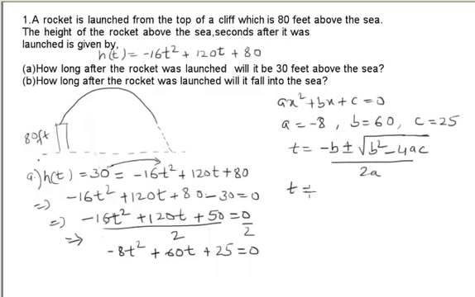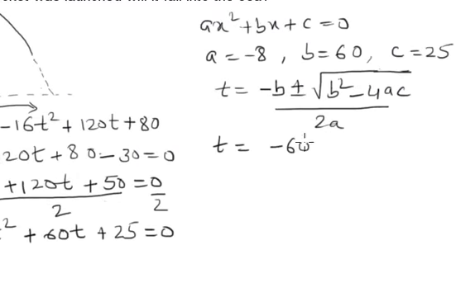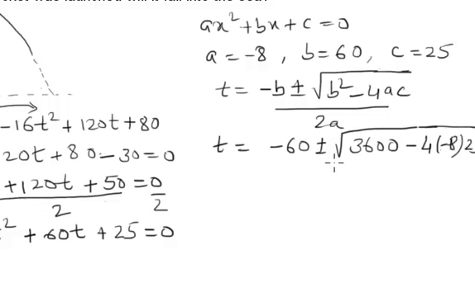So t equals minus 60 plus minus under the root of 60 square, which is 3600, minus 4 times a, which is minus 8, times c, which is 25, over 2 times a, which is minus 8.